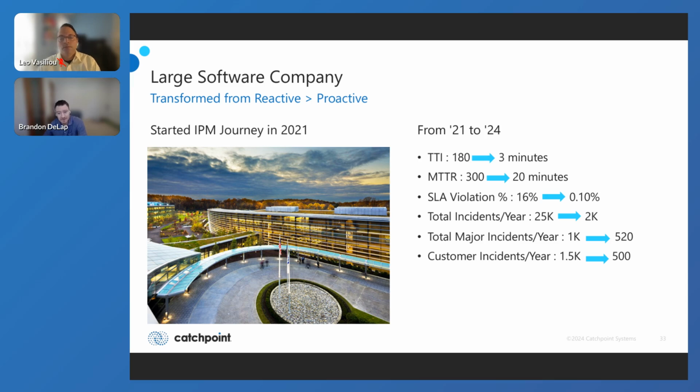Then enters IPM, and over the last 3 years, they've reduced their time to identification from 180 minutes to 3 minutes. They've reduced their yearly incidents by 20,000, and they have only violated 0.1% of their service level agreements compared to 16% in 2021.